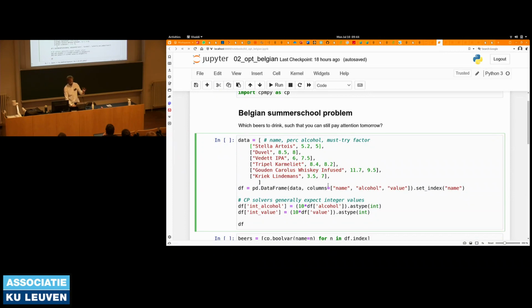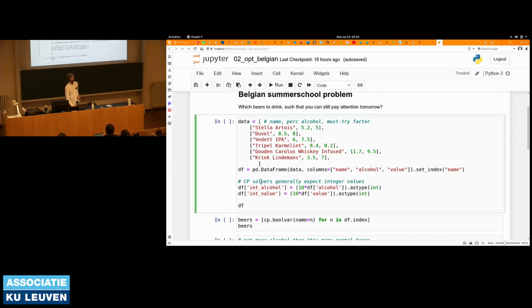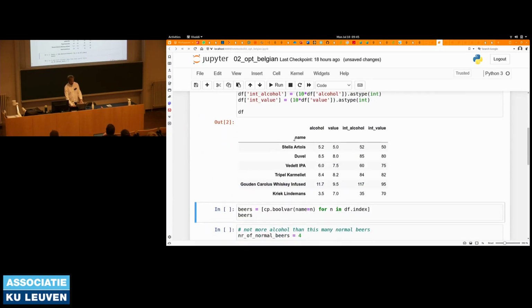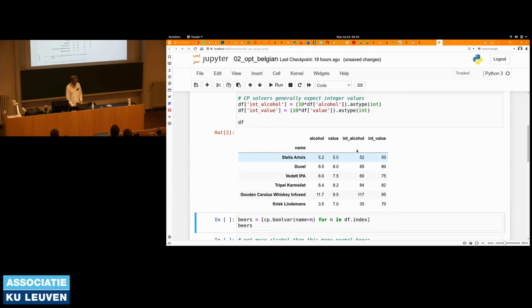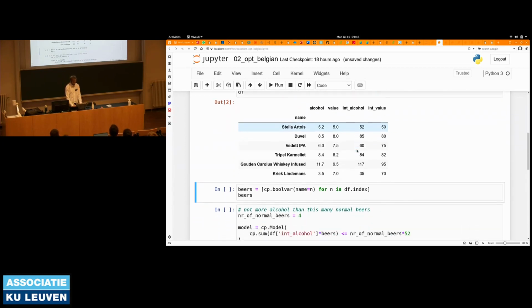We put it into a nice little data frame with these columns. But you should know that many CP solvers only expect integer values. So we create 2 additional columns, where we multiply by some factor, and then we round it. Okay, so now we have our data right here.